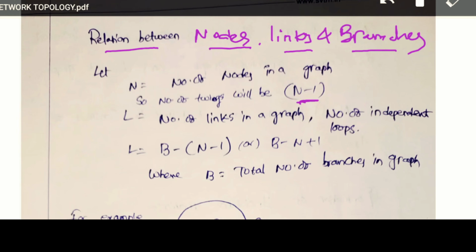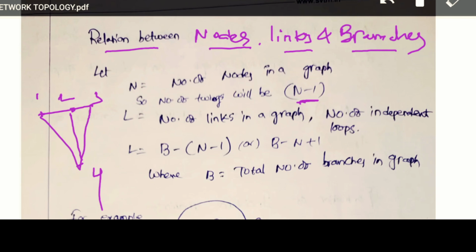If you connect all branches, then it will become a closed path. Suppose there is a connected graph with nodes 1, 2, 3, 4. If you connect all the nodes, then it is a closed loop.